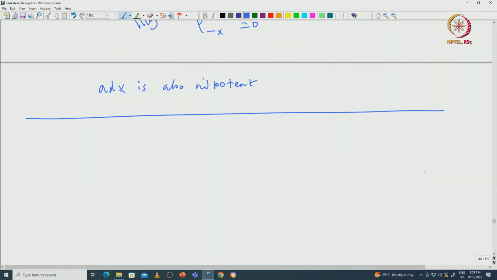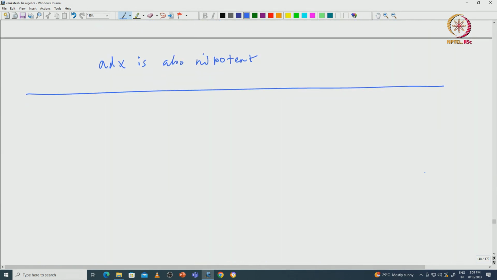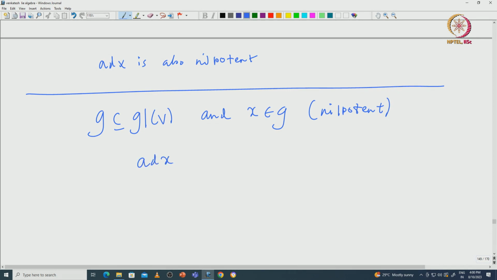So you start with G, a linear subalgebra of GL(V), and take x in G which is nilpotent. Because x is nilpotent, we can write ad x as lambda x plus rho minus x. We also verified lambda x and rho minus x commute.